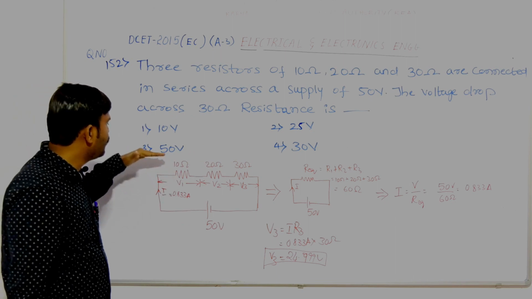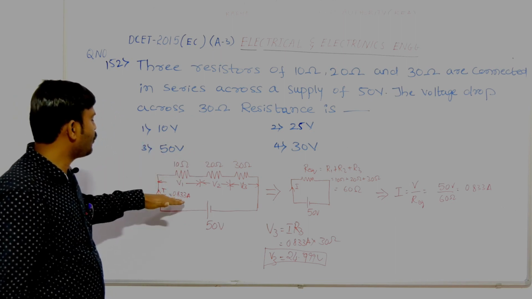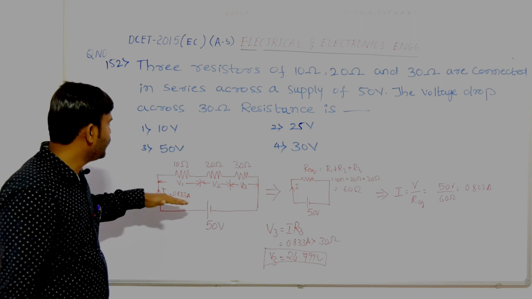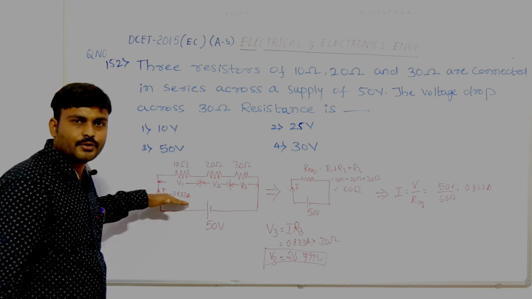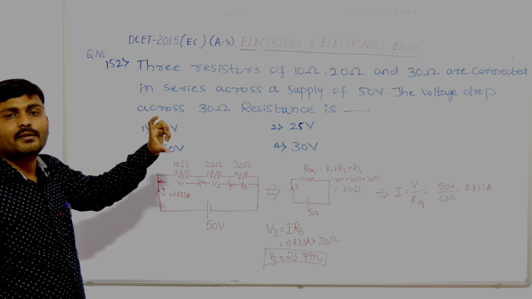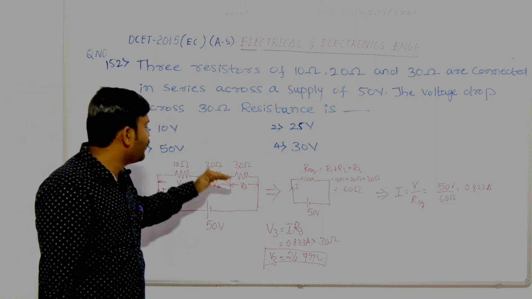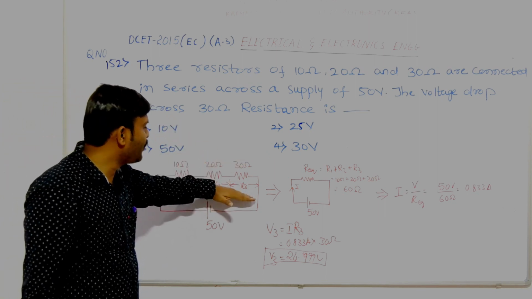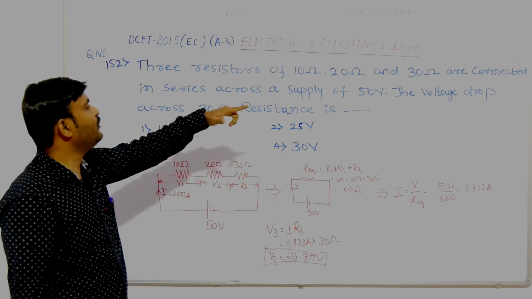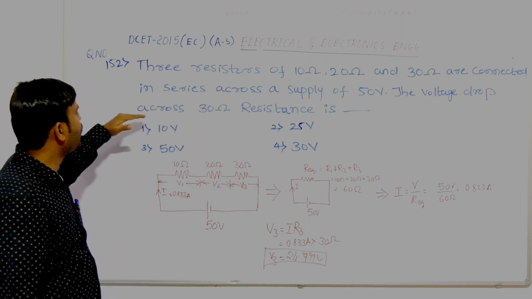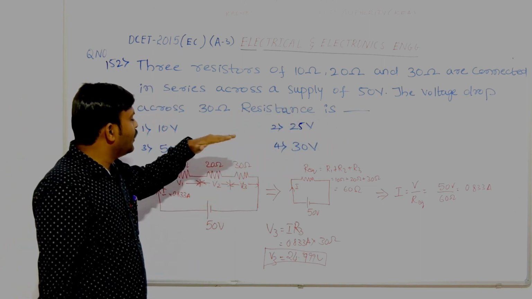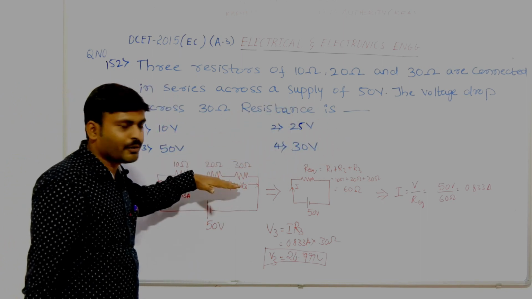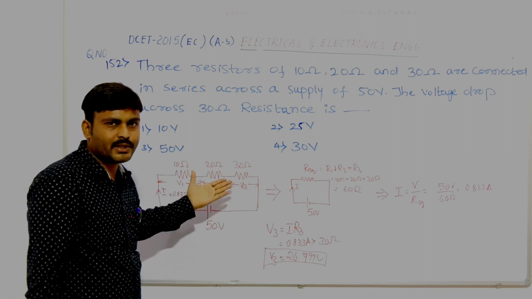The current flowing through 10 ohm is also 0.833, 20 ohm also 0.833, 30 ohm also 0.833. So easily we can now find the voltage drop across 30 ohm resistance. In the question he has asked the voltage drop across 30 ohm resistance. 30 ohm resistance we know, current we know. Easily we can find the voltage, right?